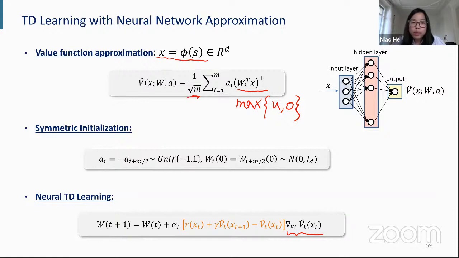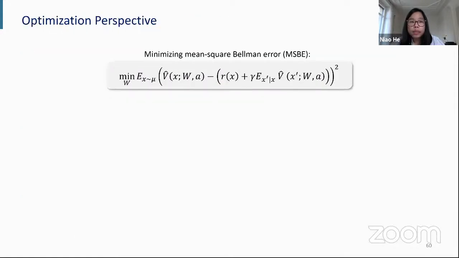So one thing you might be wondering is why does TD learning look like this in the function approximation setting? Why do you have this extra gradient term here? In fact, the TD learning algorithm can be viewed as solving this minimization of the mean squared Bellman error, right?